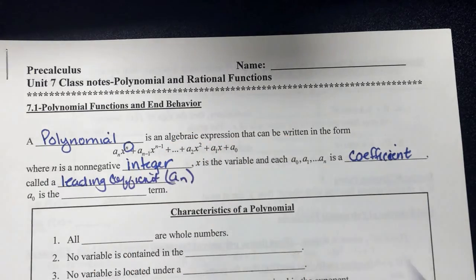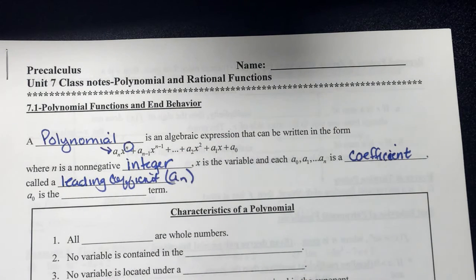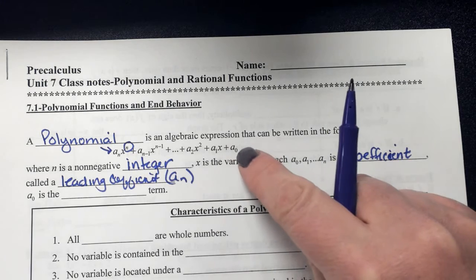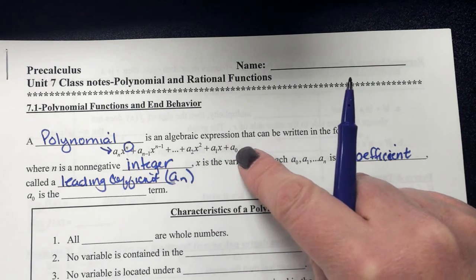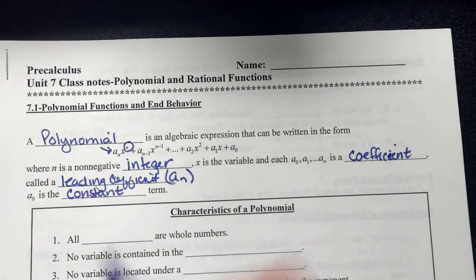Remember, the leading coefficient is the number in front of the variable with the highest power. If you have a term that does not have a variable in it, remember we call that the constant term. So remember, the constant term is the term that has no letter with it.